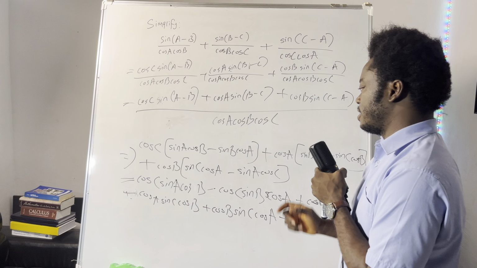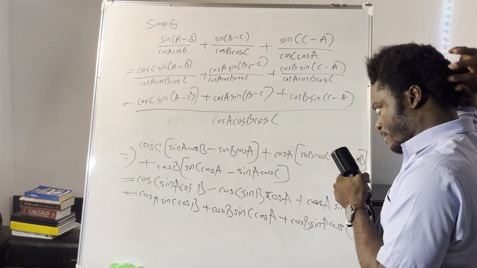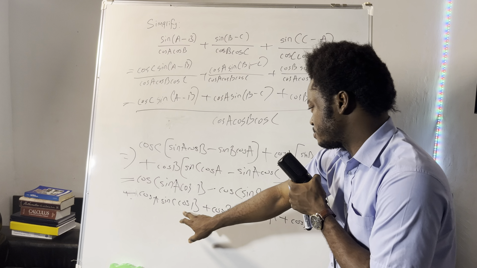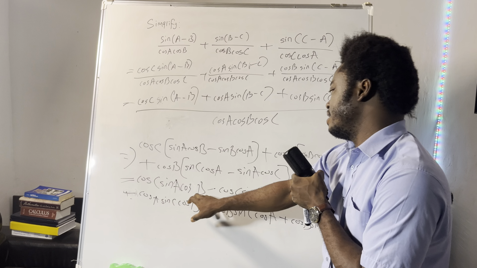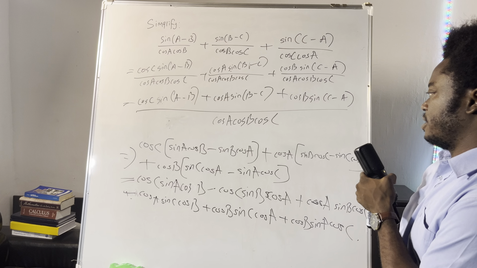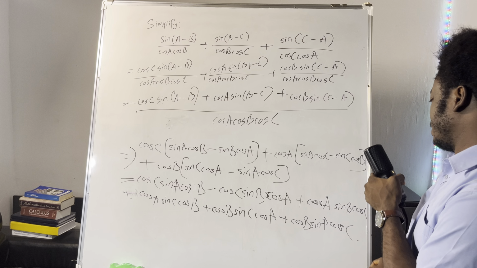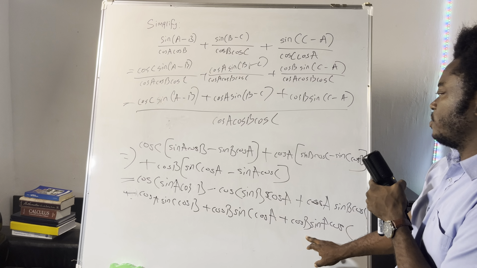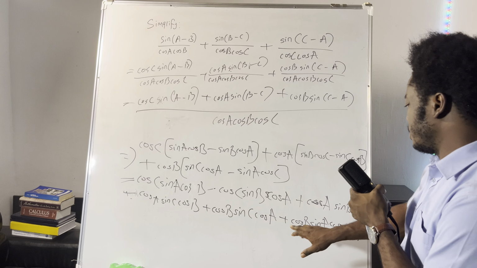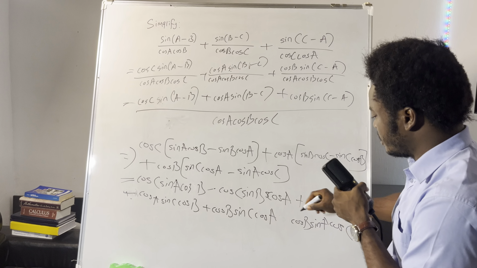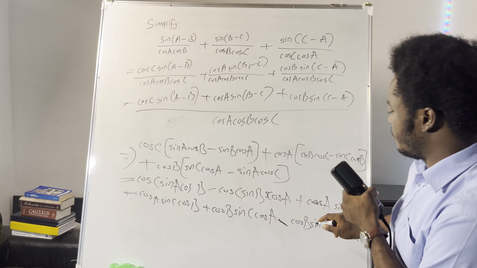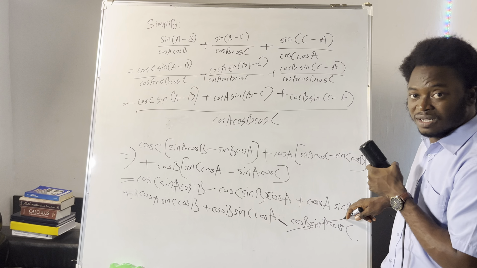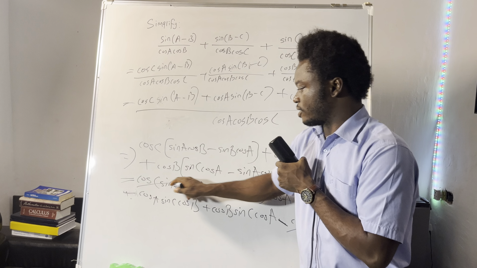Now let's see if we can cancel out something here. Here you have cosine C sine A cos B, and it is supposed to be a negative as well, so this expression and this expression cancel out.